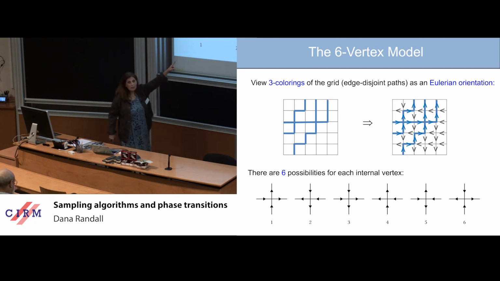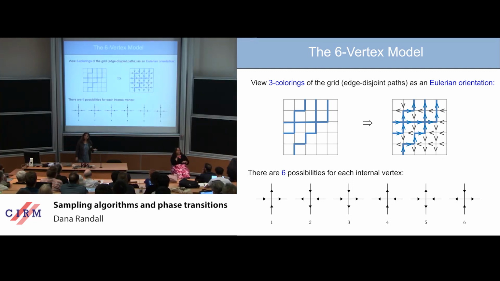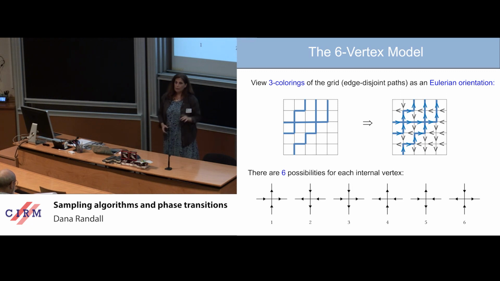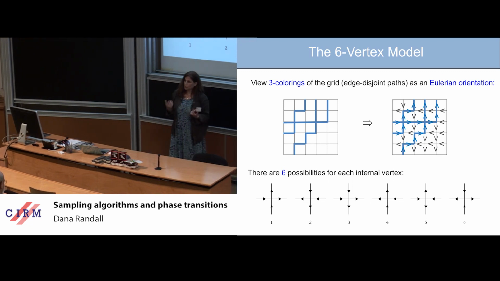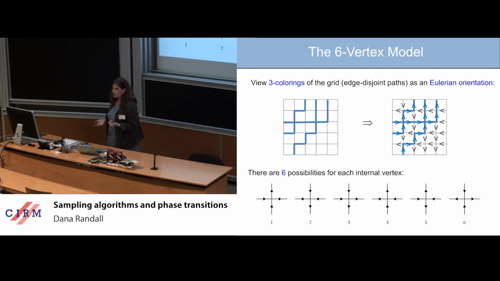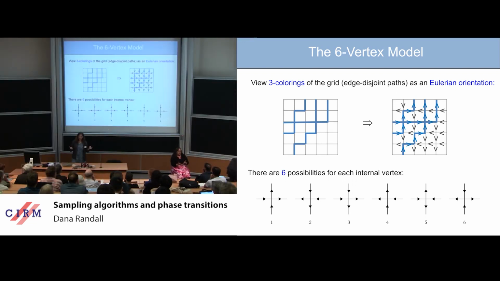If you look at this picture, it's an Eulerian orientation. I'm ignoring the boundary, but for every internal vertex, you have 2 arrows in and 2 arrows out. Maybe that's not obvious from anything that I've said so far, but all you have to do is verify all possible blue paths that could come into a given vertex, and you'll see every single one of them is 2 in and 2 out.